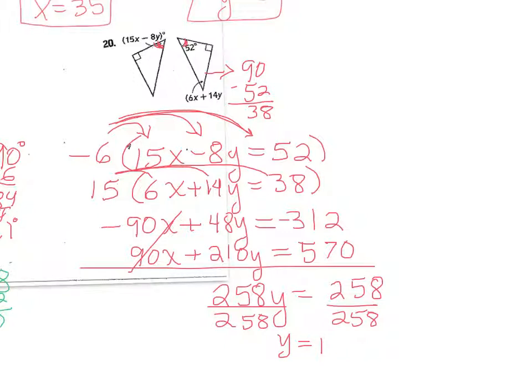Then once you know one of the variables, you plug the y value into one of the equations. It doesn't matter which one. Let me just copy the first one: 15x minus 8y equals 52. I'm going to use the first equation. I'm going to substitute y equals 1 to solve for x.